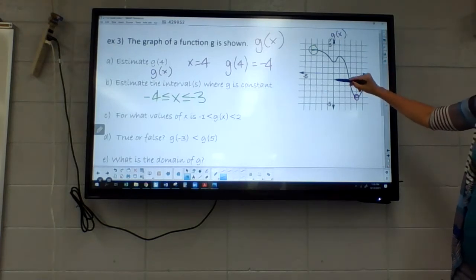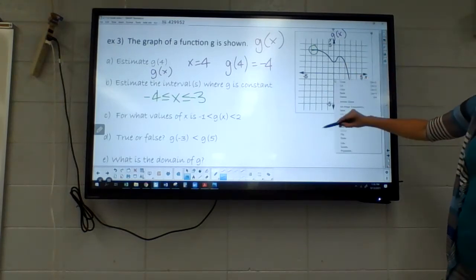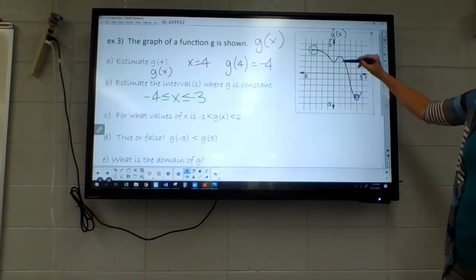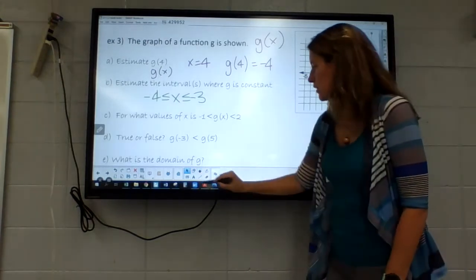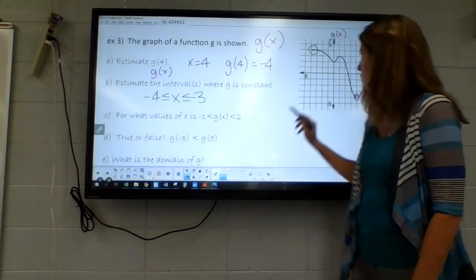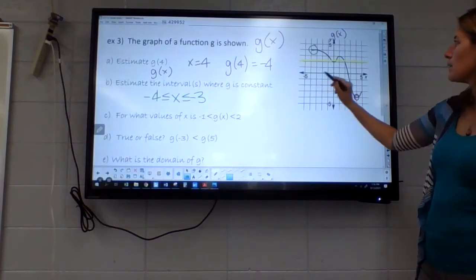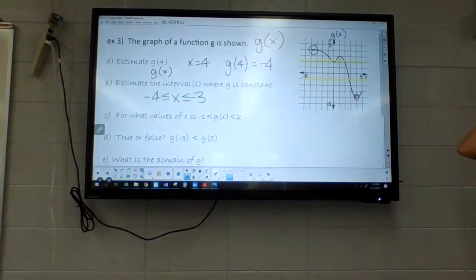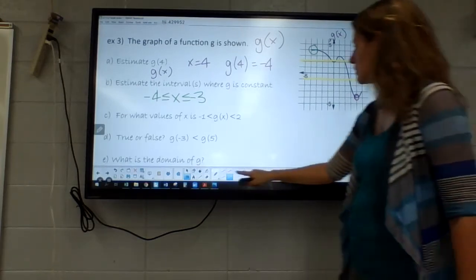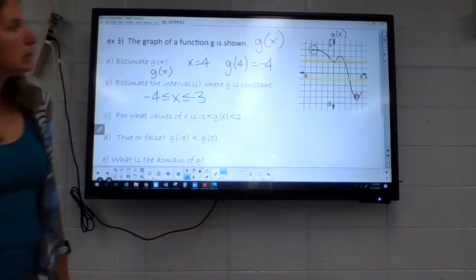So negative 1 and 2 is like basically, let me grab a different color. Here to here. So what values of x would that be covered by?